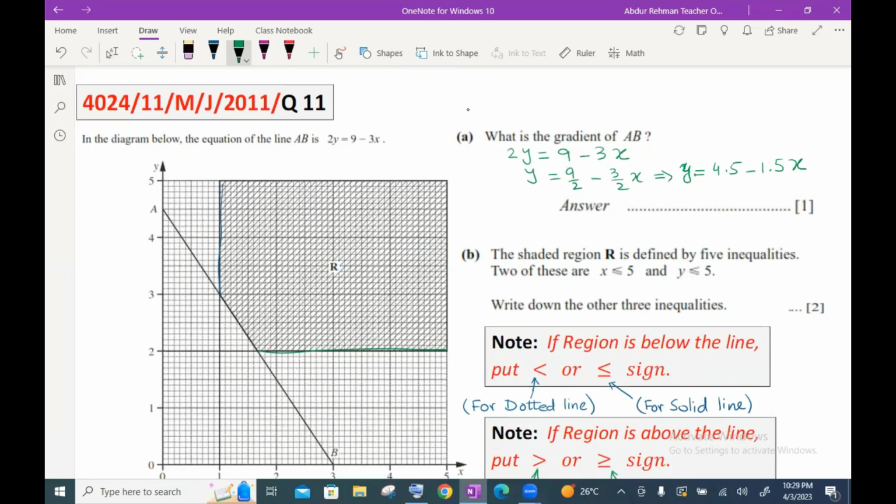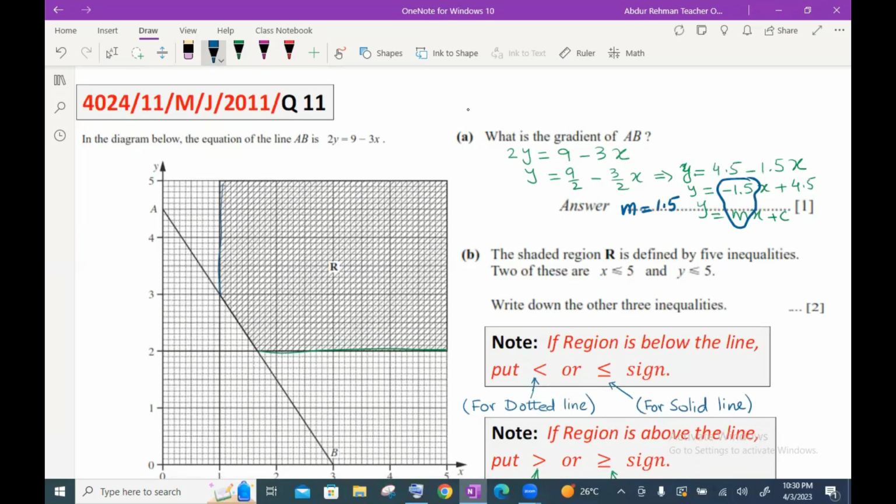First you have to arrange in y equals mx plus c form. When you compare with y equals mx plus c, the gradient will be minus 1.5. So the gradient of this line is m equals minus 1.5.